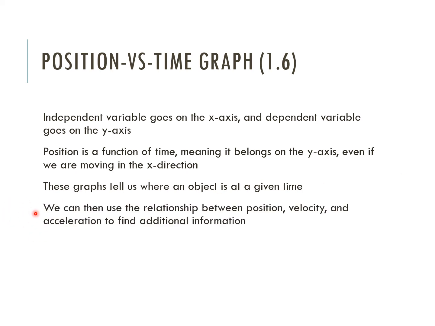Now, we're not going to be doing it today, but we can use the position versus time graph to help us find the relationship between position, velocity, and acceleration. This is what we focus on in the next lecture, next week, Wednesday, because Monday is going to be a holiday. So we will get to this relationship, just not today.